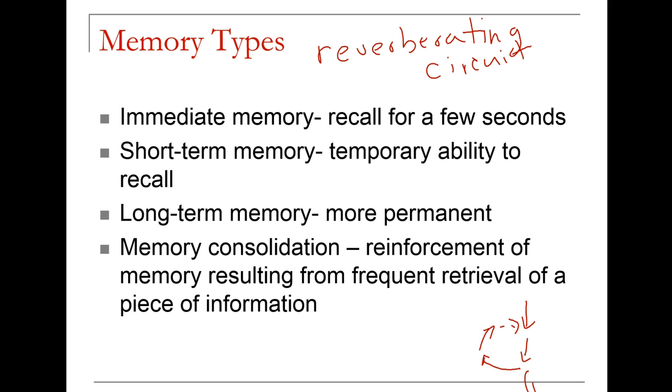The problem is if it's just in one of these pre-existing reverberating circuits, the minute something new comes in, you'll lose the ability to store the old, unless you have over a very long period of time kept using this information. And this is where you can move from short-term memory into long-term memory. So sometimes these connections between neurons in the reverberating circuit may become permanent, all right?